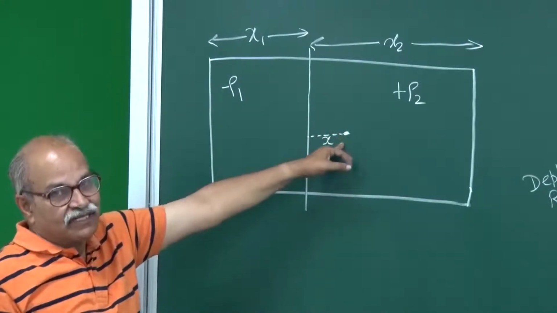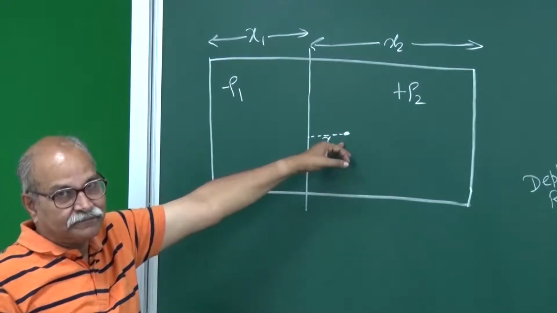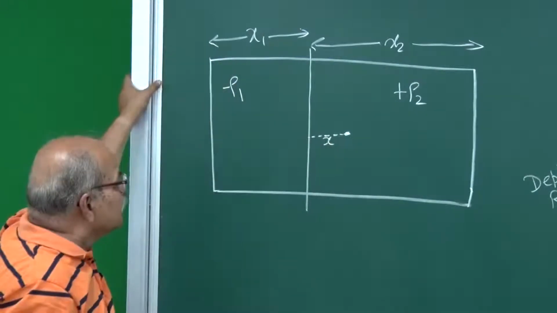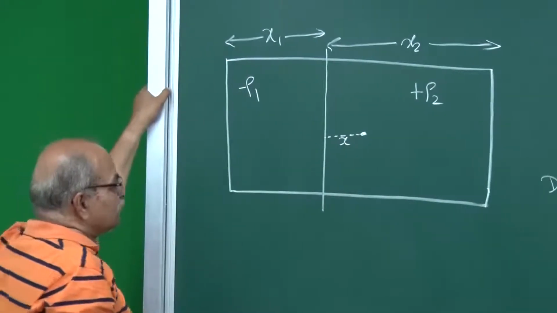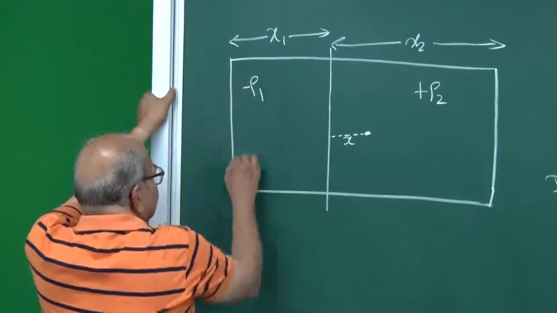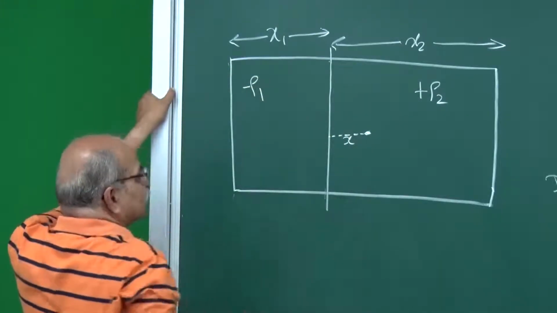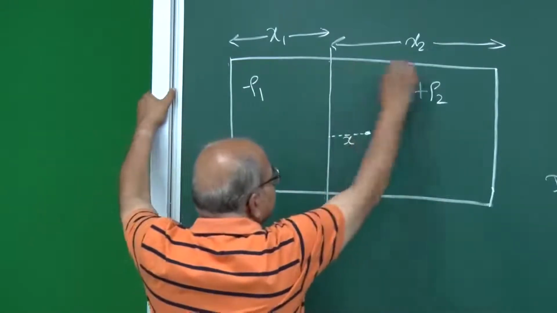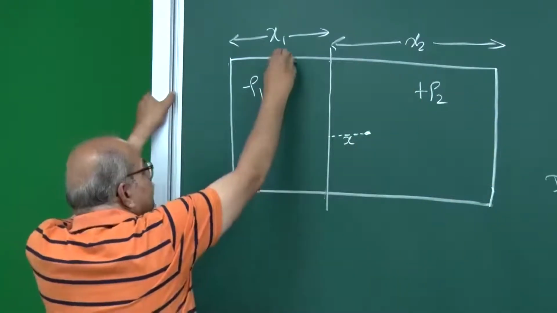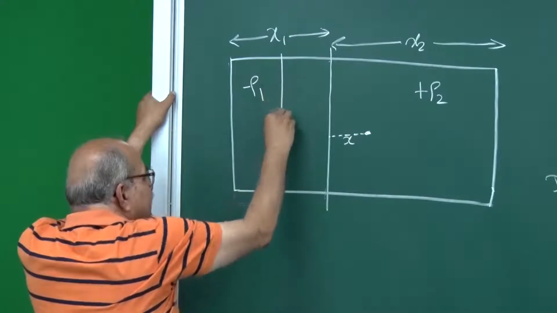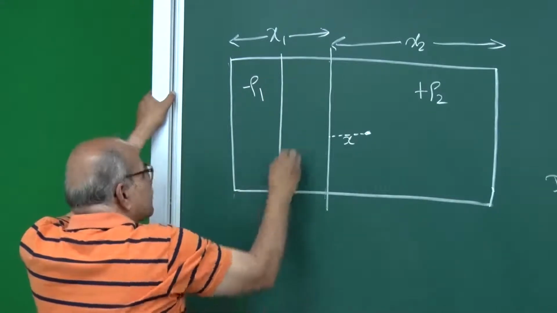What is the electric field at this point? Okay. So what I can do is, I can first calculate the electric field due to this minus rho 1 charge here, and then I can calculate the field due to plus rho 2. So let's first do this. Let me take a small width here.